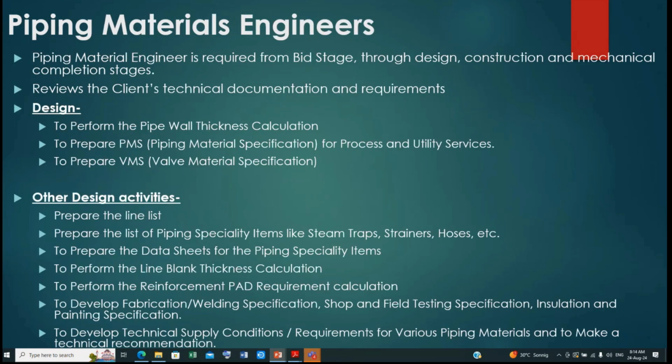Let me start with the definition of the piping material engineer. A piping material engineer is a person who is required from the bid stage through design, construction, and mechanical completion stages.